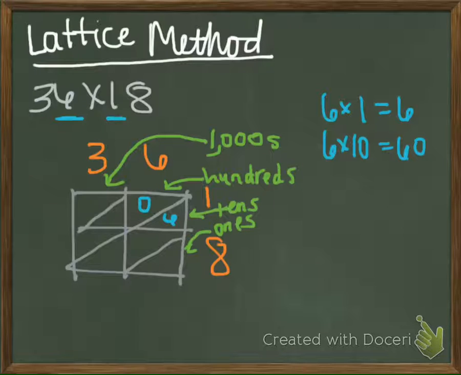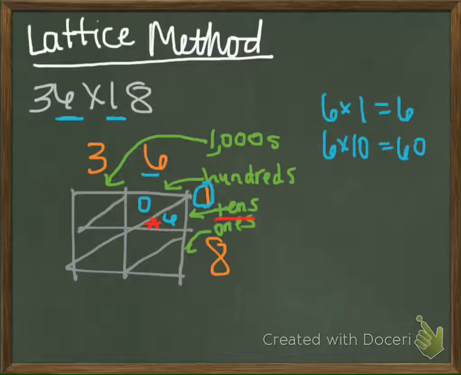So there's the 6 in the ones place, and then the 1 right here in the tens place. So that's why we have the 6 in this little diagonal in the tens place.